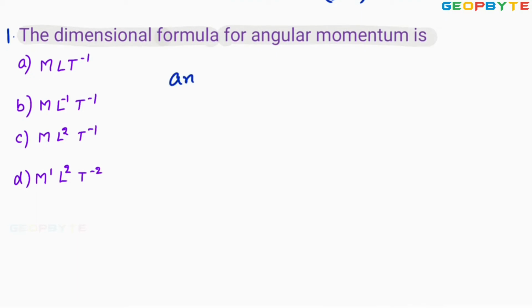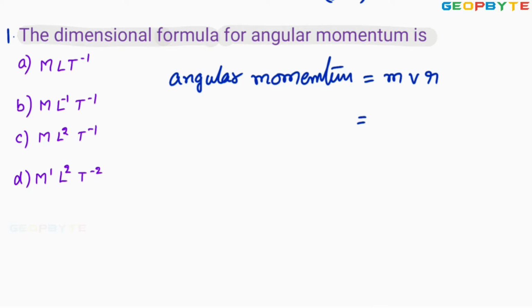Look at the very first problem. The dimensional formula for angular momentum is, dear friends, angular momentum is equal to mvr, where m is the mass, v is the velocity, r is the radius.